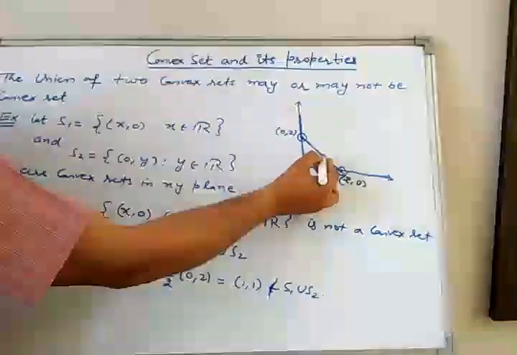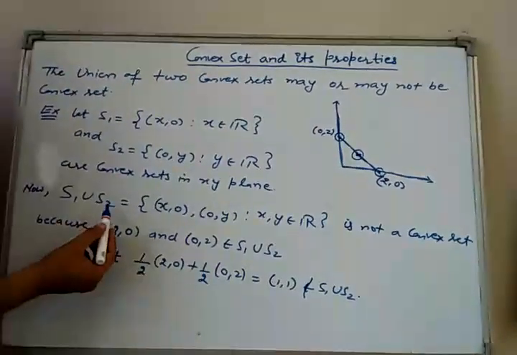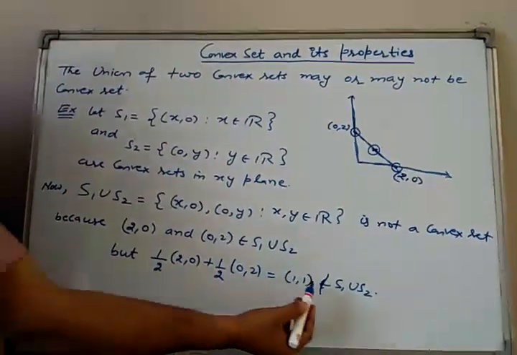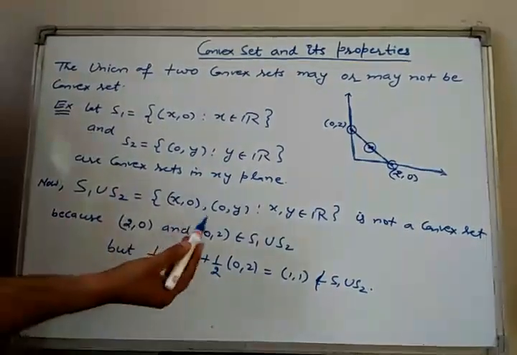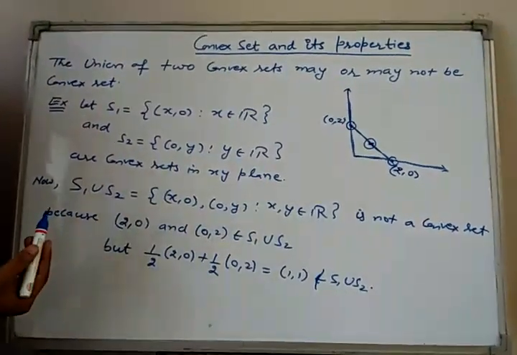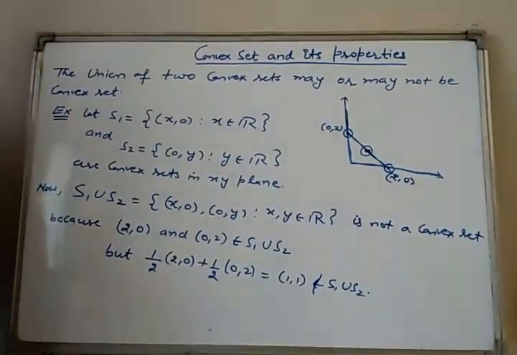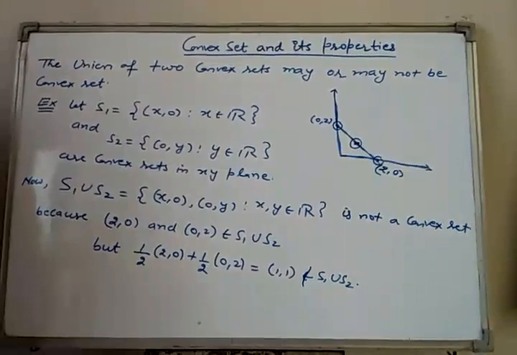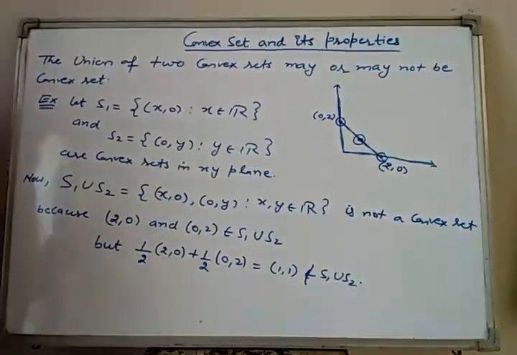This point is not in the union of S1 and S2. Therefore, the CLC of these 2 points does not belong to the union of S1 and S2. Therefore, S1 union S2 is not convex. Therefore, the intersection of any number of convex sets is always a convex set, but the union of two convex sets may or may not be a convex set.